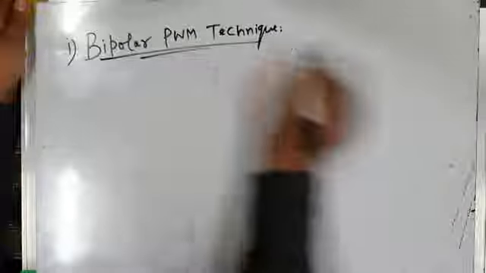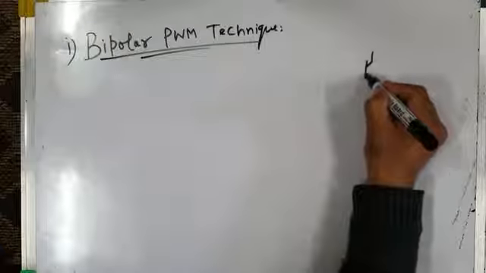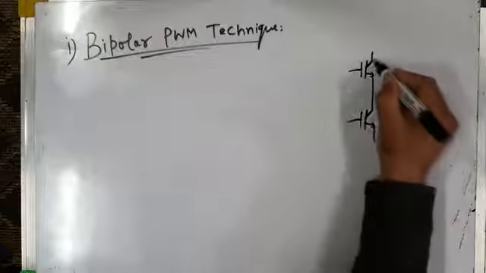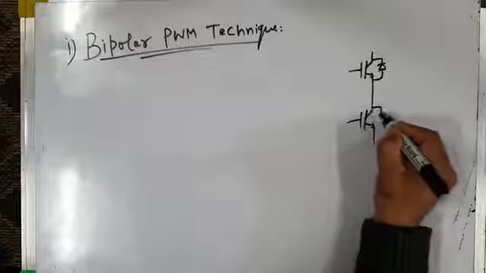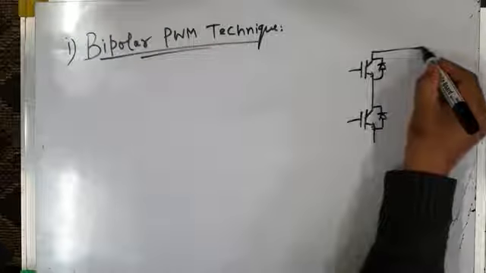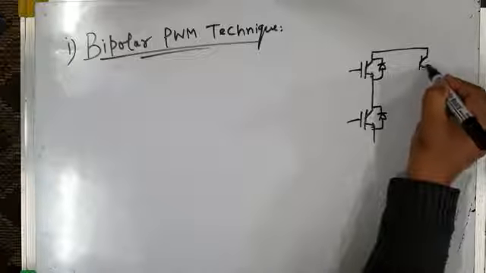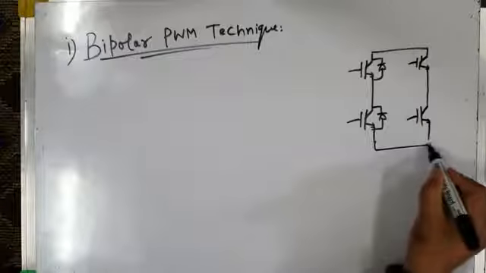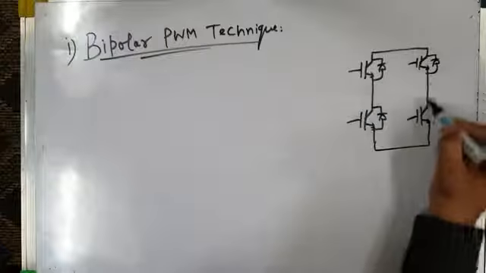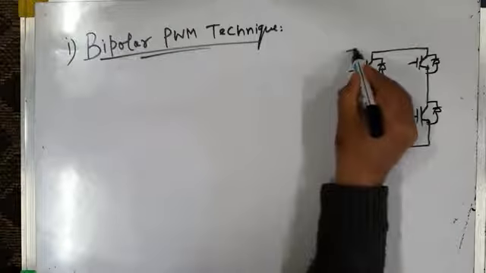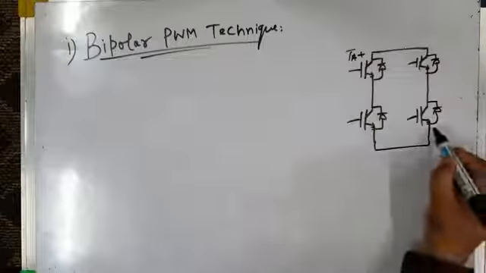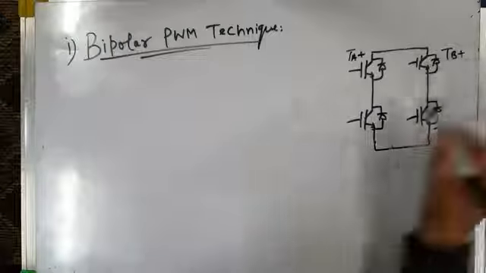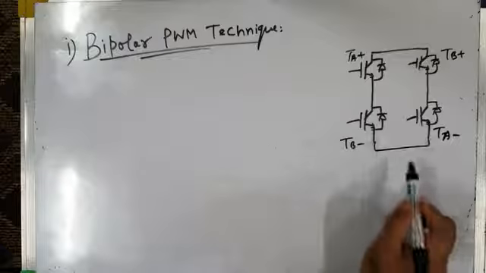Let me draw the power circuit diagram of single phase PWM voltage source inverter again. These are the switches. This is TA plus, this is TA minus, this is TB plus, and this is TB minus.